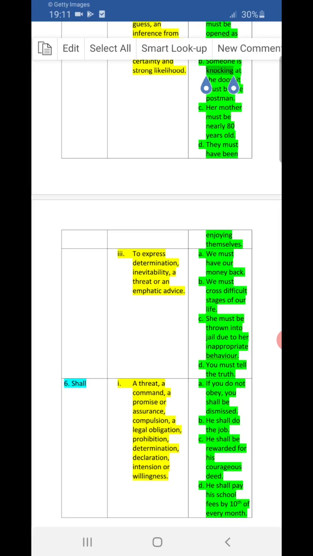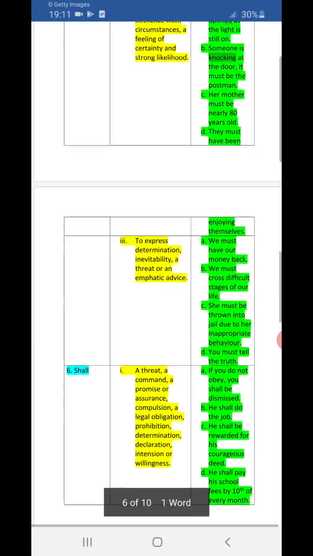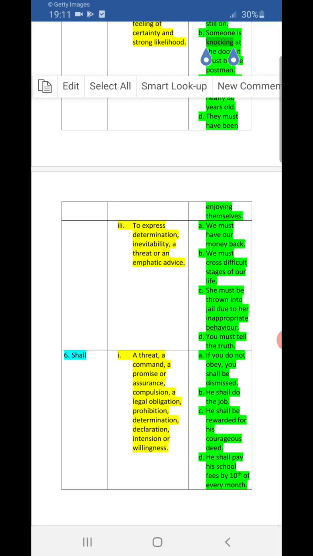Okay. Next, number 3, purpose. A purpose number 3. To express determination, inevitability, a threat, or an emphatic advice.